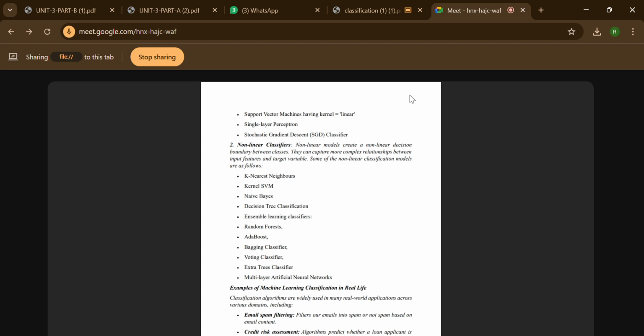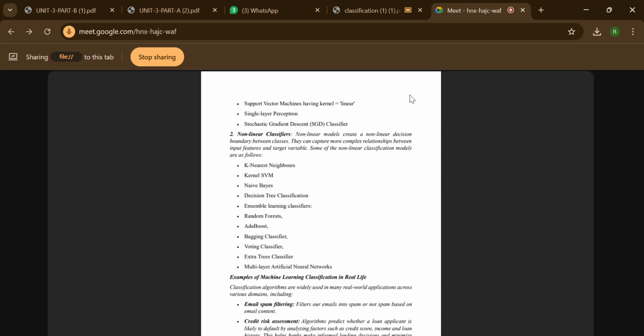The non-linear classifiers handle more complex patterns. Some popular non-linear models are k-nearest neighbors, kernel SVM, naive Bayes, decision trees, neural networks, ensemble methods like random forest, AdaBoost, bagging, voting classifier, extra trees, and many more.